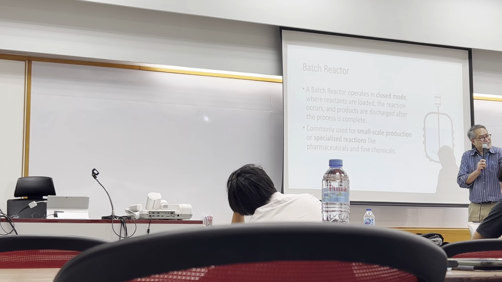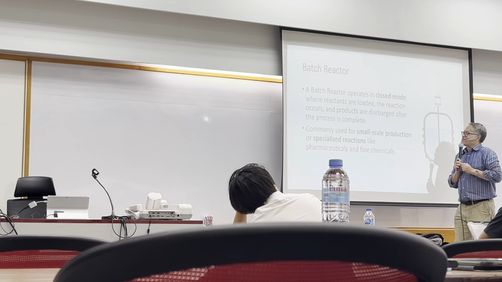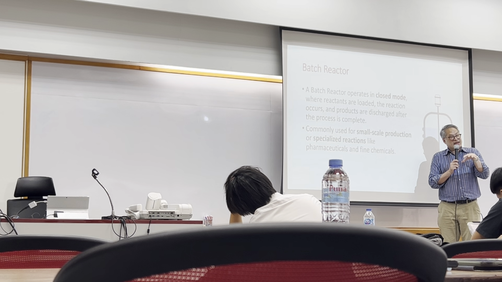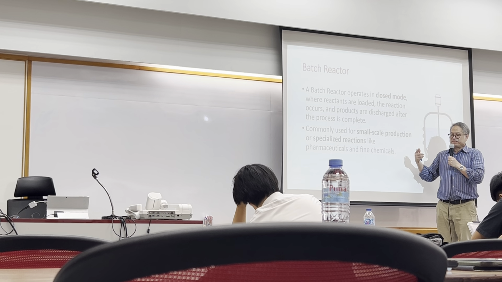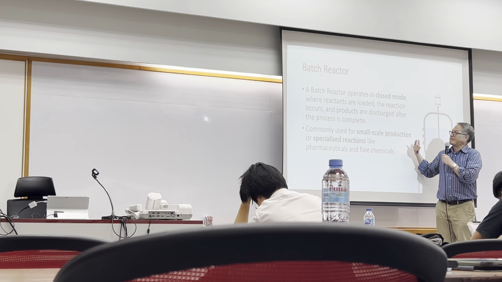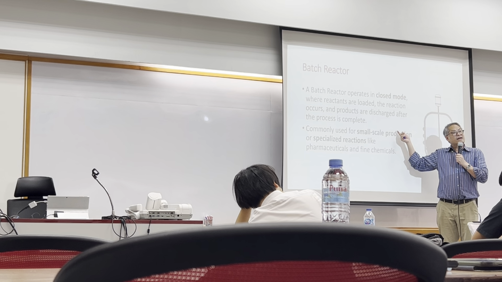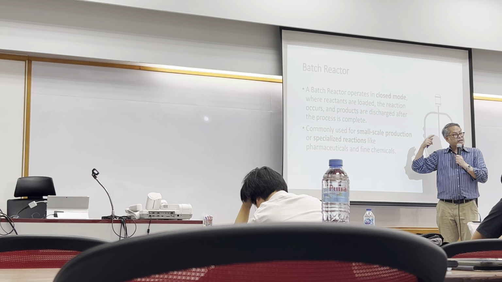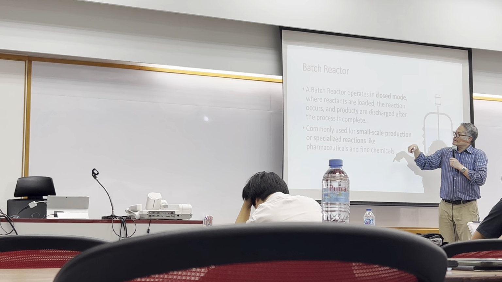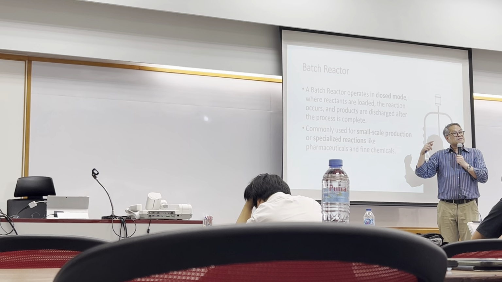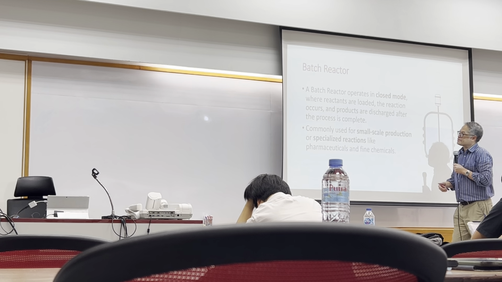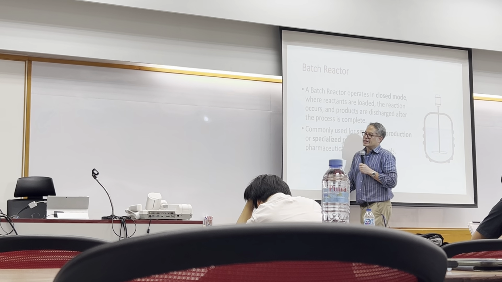But some special medicines you need to watch and monitor more closely, because you're making drugs or medicine. So batch reactors are better when you need to monitor the reaction closely, or you have a specialized reaction that requires some special treatment. So that's what it's used for, okay?